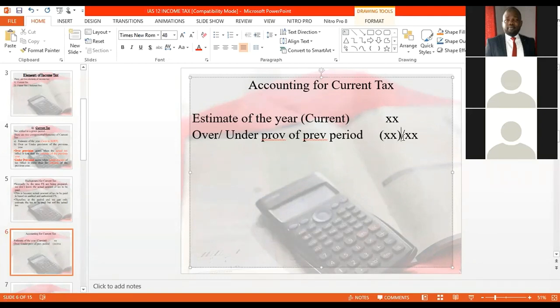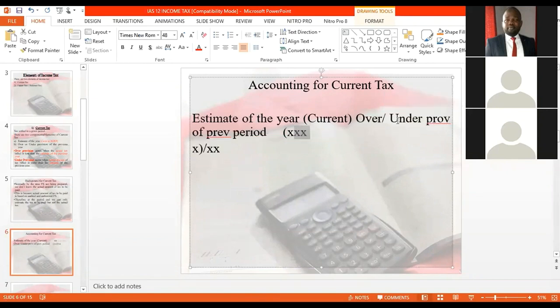Maybe last year we estimated the tax to be 1 million, but the actual amount of tax ended up being 800,000. In that case, we can conclude we overprovided for tax by how much? 200,000.